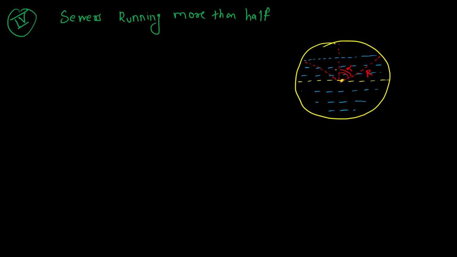If it is symmetrical, how do we calculate the remaining angle? Let's give this the name 2 theta. So total is 360, or 2 theta is equal to 360 minus 2 alpha. So theta is equal to 180 minus alpha.